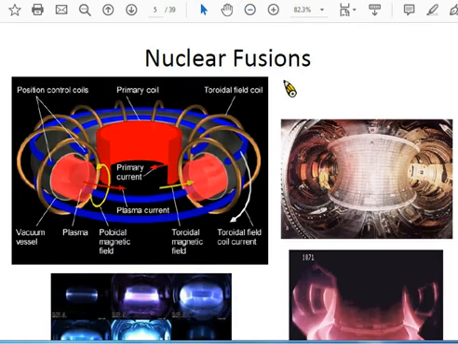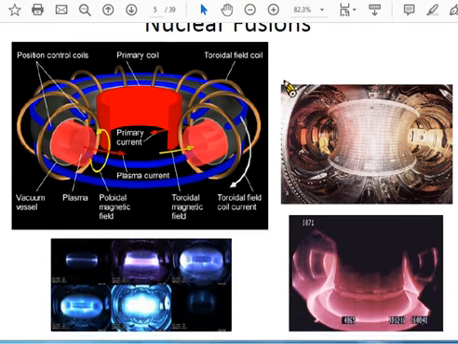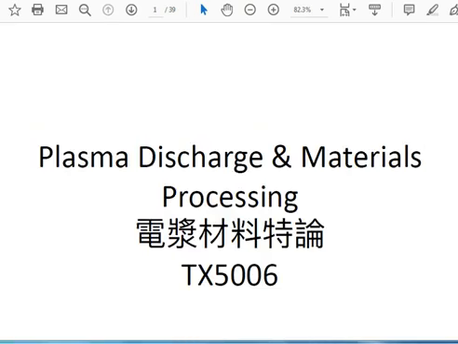So the nuclear fusion reactor is one type of plasma reactor which can generate an enormous amount of energy, and this type of plasma is known as high energy or high temperature plasma. When the fusion reactor runs, from the windows we can also see the plasma glow. So this is one type of plasma reactor.